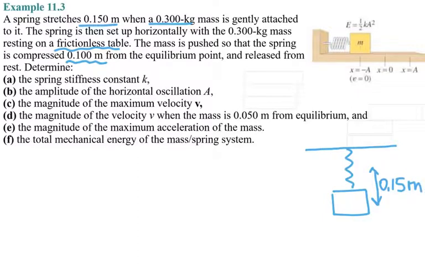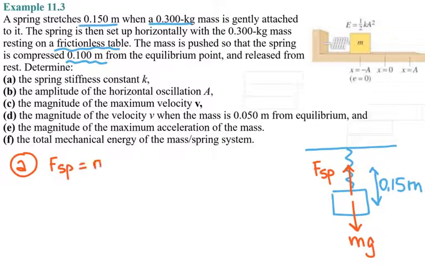The forces at this point are mg and the force of the spring, which is kx. So for part A, the force of the spring is equal to mg, or kx equals mg, and K will be equal to 20 newtons per meter.